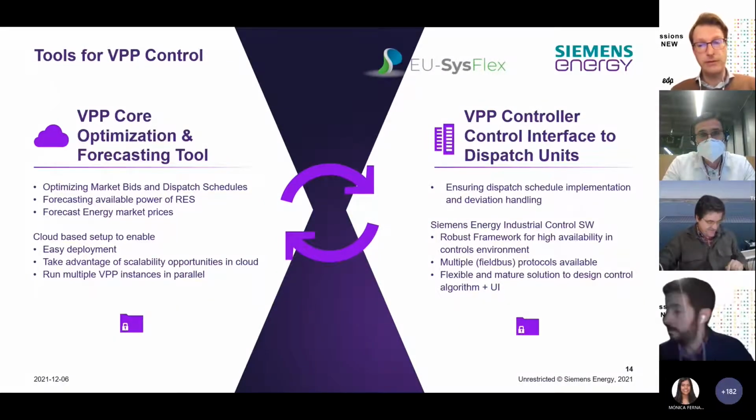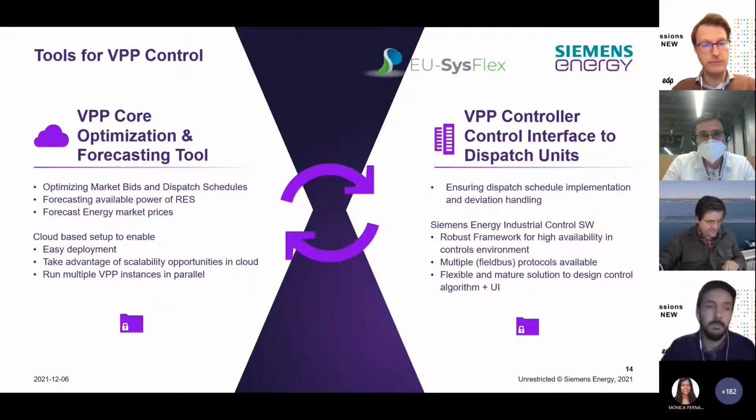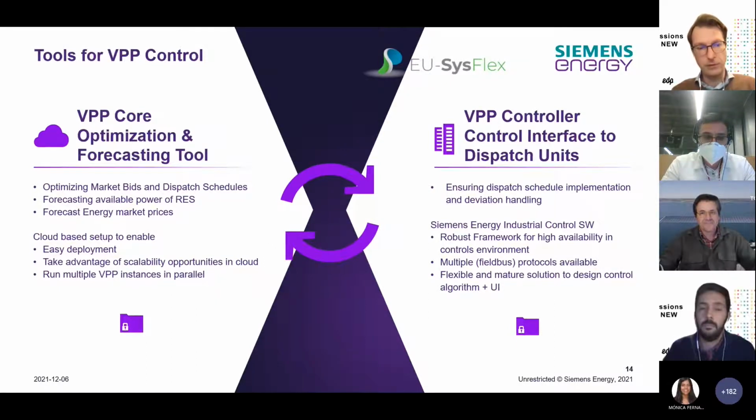that we called the virtual power plant core, providing core functionality, with a clear focus on really forecasting the available power of renewable energy sources, forecasting energy market prices, and based on these inputs and obviously a few more, coming up with optimized market bids that in the end consider the entire virtual power plant to be placed in the market.